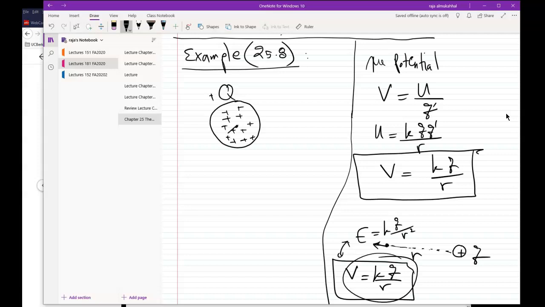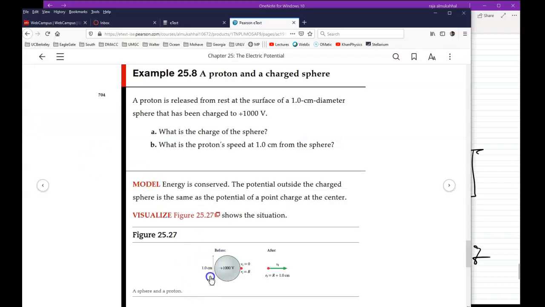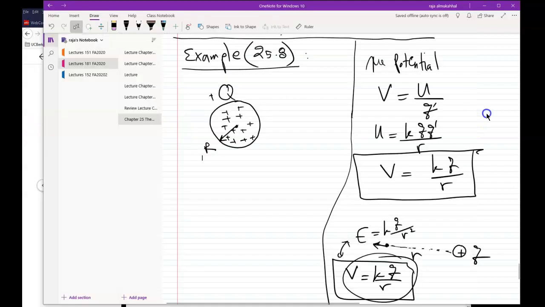And it has a radius, big R. He gave us the radius: 1 centimeter diameter, so that makes it 0.5 centimeter. And he said the voltage on it is 1000 volts. He asks, what is the charge?